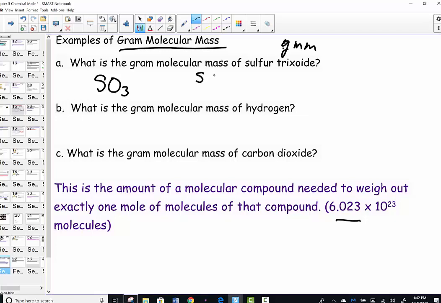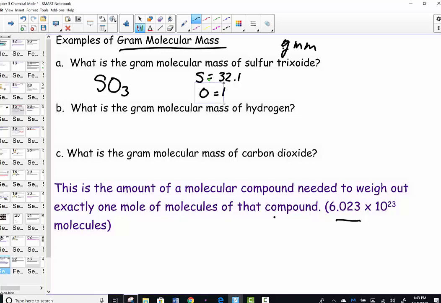We looked up sulfur a moment ago, and it had a molar mass of 32.1. There's one sulfur in that compound, contributing 32.1 grams to the entire compound. Oxygen, when I looked it up, said 15.999. If we carry one decimal, it will round to 16.0.